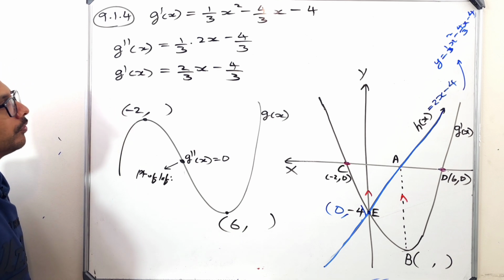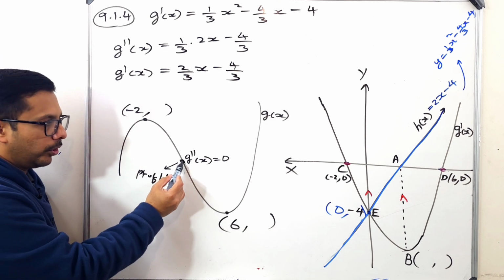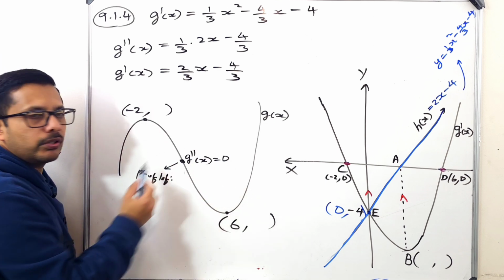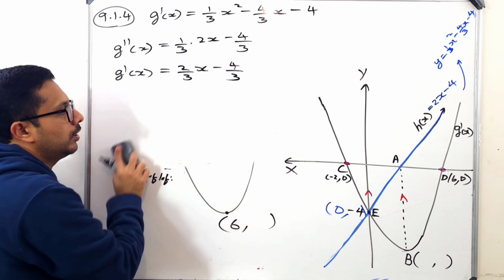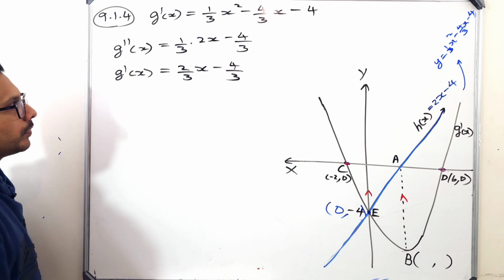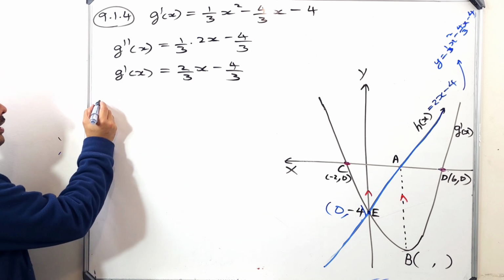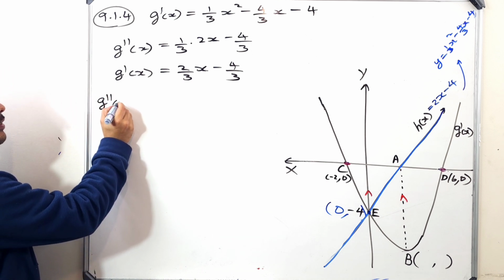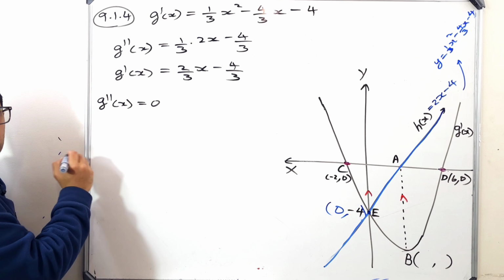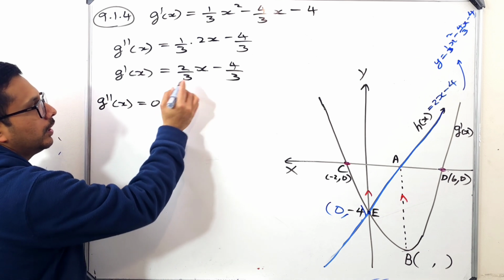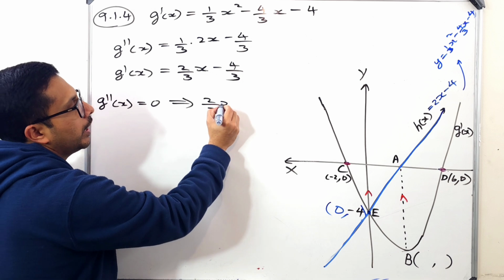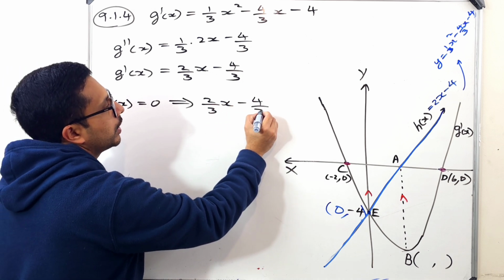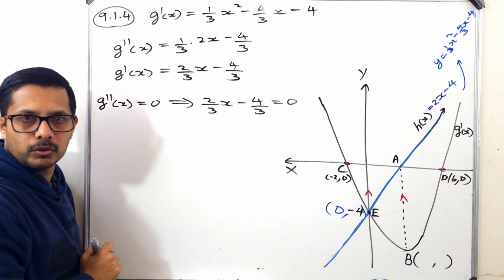So what you studied, at the point of inflection, the second derivative is equal to 0. Let me erase this for now. I'll draw it once more. So the second derivative is equal to 0. What is the meaning of that? Isn't this the second derivative? So 2 over 3 x minus 4 over 3 is equal to 0.